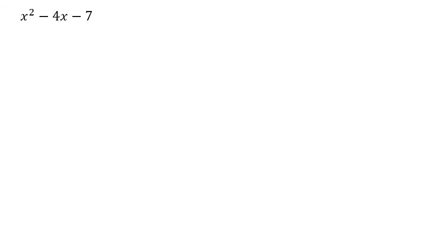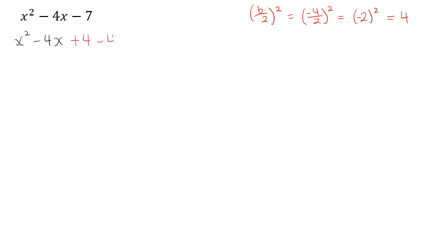I'll show you one last example just because this one has negatives in it. So we need to figure out what half of b squared equals. So half of negative 4 squared, negative 4 divided by 2, negative 2 squared. Negative 2 times negative 2 is positive 4. So I need to add that and take that away from the expression.